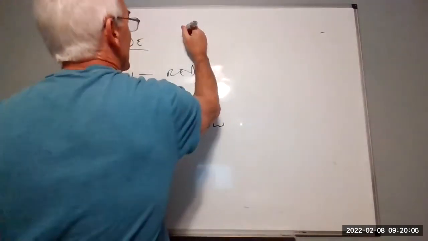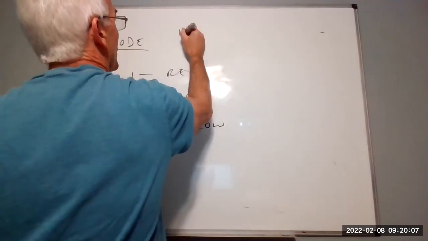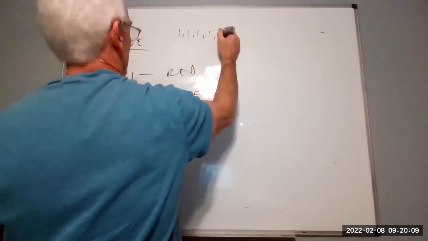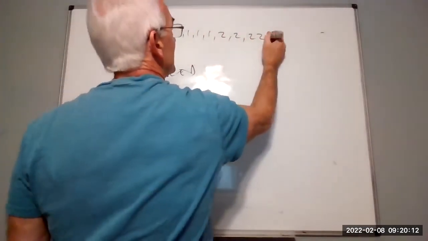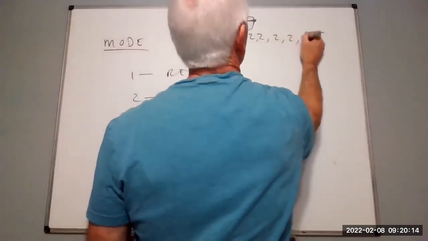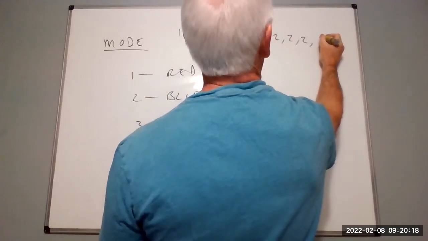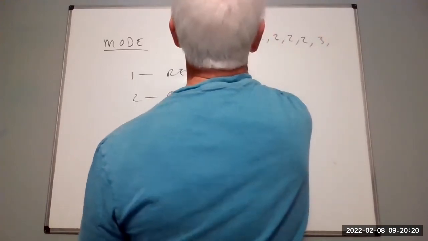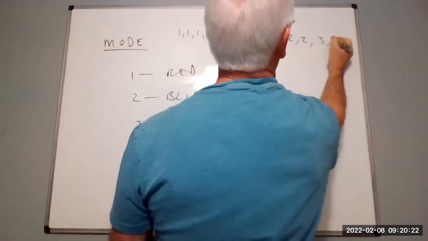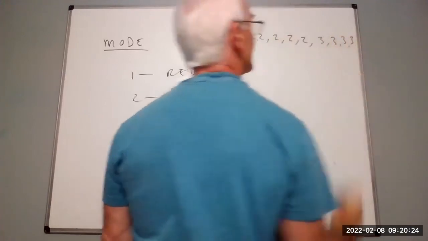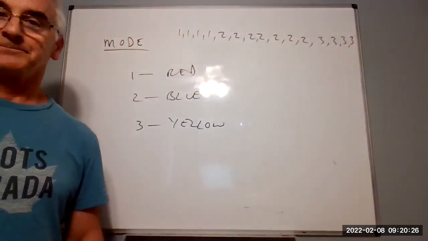Here's what came in, and I'll put them in order: 1, 1, 1, 1, 2, 2, 2, 2, 2, 2, 2, and then 3, 3, 3, 3. That's 15 total. This is what came in as a class.